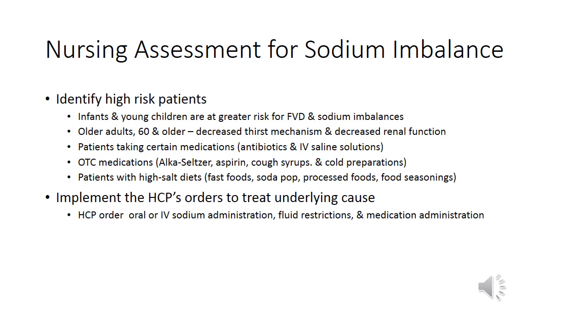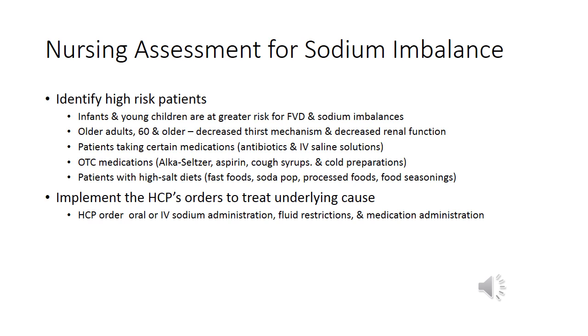The nurse should assess the patient's ability to drink and tolerate oral fluids and obtain a current dietary history, inquiring about sodium intake. The nursing history should also include lifestyle factors such as the consumption of beer, the use of illicit substances, and current medication use.